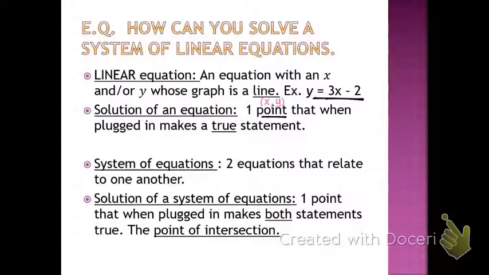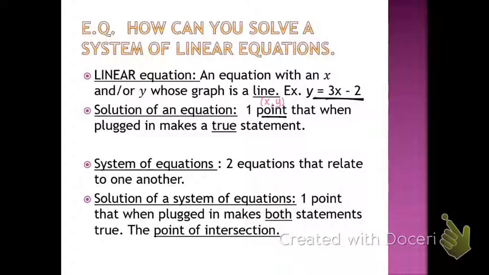Okay? Now, a system of equations. This is what we're covering in the next 3 sections, at least. A system of equations. It's two equations that relate to one another. Now, it's important. I want you to highlight where it says two equations. When you get to Algebra 2 later on down the road, there are a system of equations that have 3 equations in them, 3 different variables, but we are only going to be dealing with 2 equations this year.